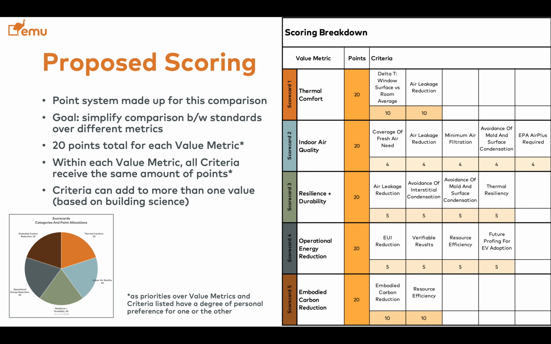So you have some points in the indoor air quality. It also makes your building more durable. So the air leakage reduction also provides you some points in the resilience and durability score, as well as it reduces your operational energy. So you will find that also there. But it's actually baked into the EUI reduction.